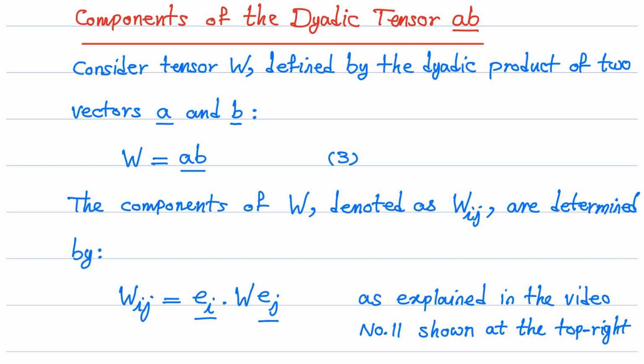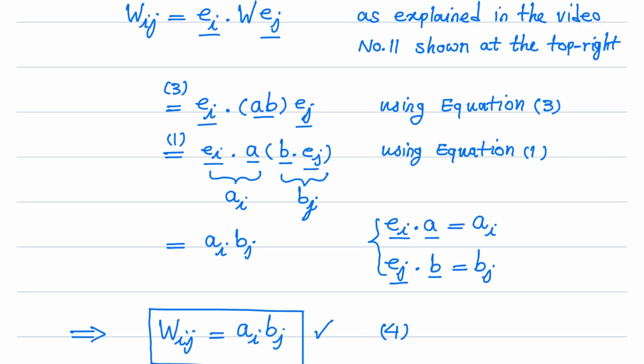The components of W, defined as Wij, are determined as Wij is equal to Ei dot W Ej, as explained in the video number 11 shown at the top right. Using equation 3, it is equal to Ei dot AB Ej.